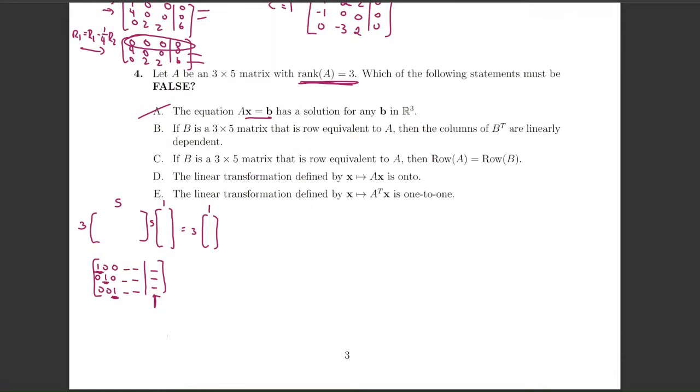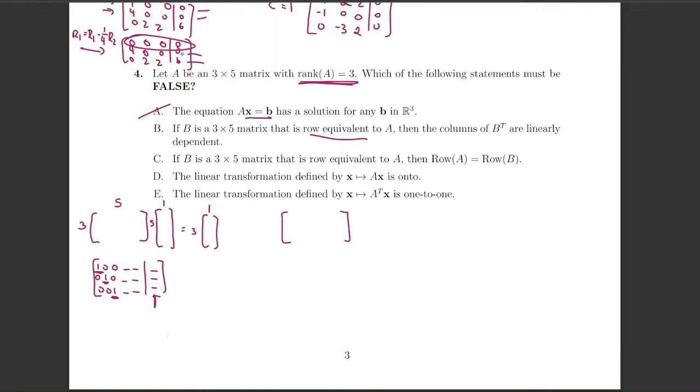So our second choice is: if B is a 3 by 5 matrix that is row equivalent to A, then the columns of B transpose are linearly independent. So if we think about this, B is a 3 by 5 matrix. Row equivalent just means that B can be turned into A by a series of row operations.